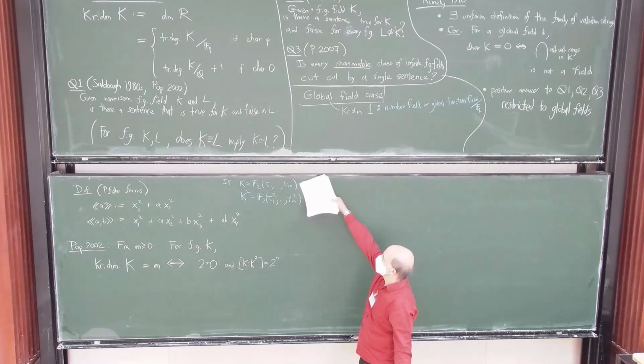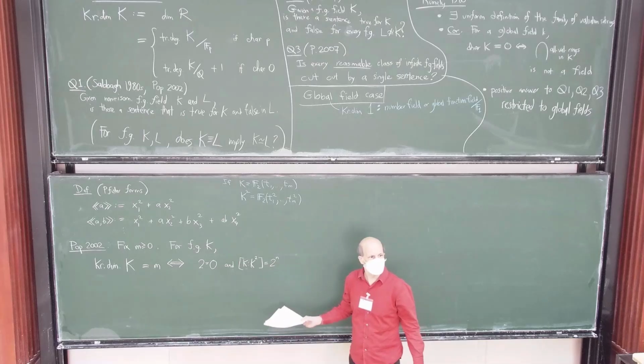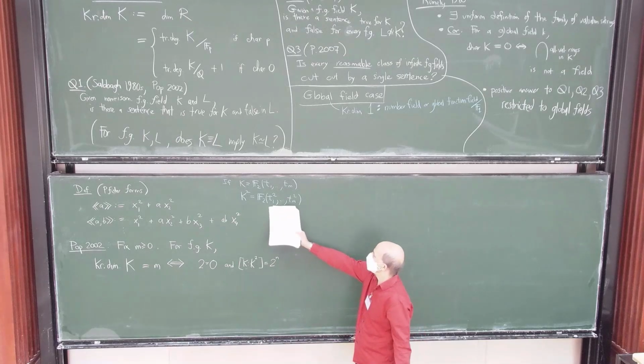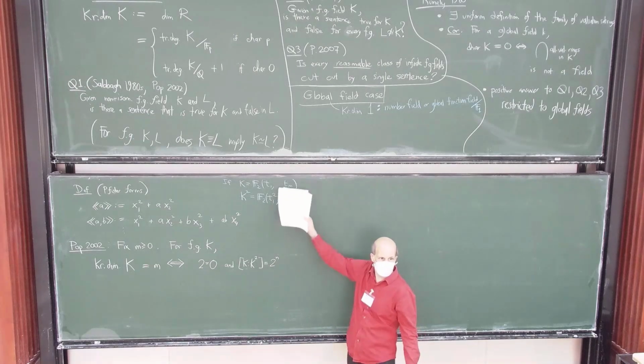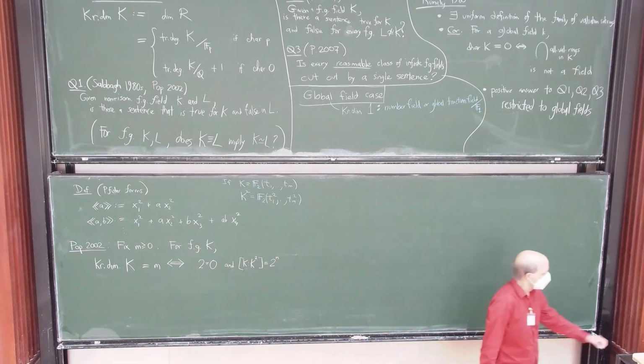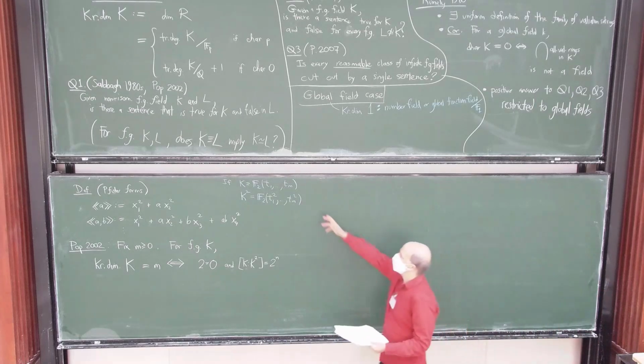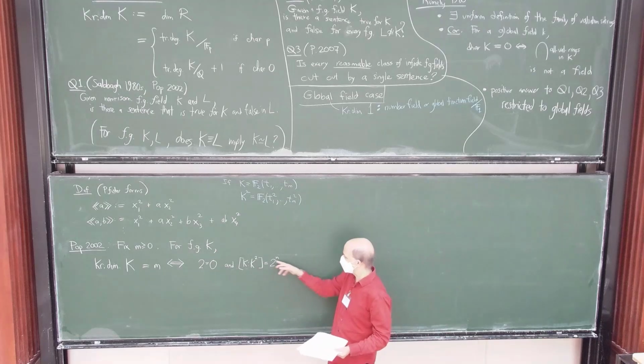And then K, as an extension of that field, is an extension of degree 2 to the m, because you have to adjoin m square roots to get from here up to there. And it's the same if you take a finite extension of that; the degree stays the same.